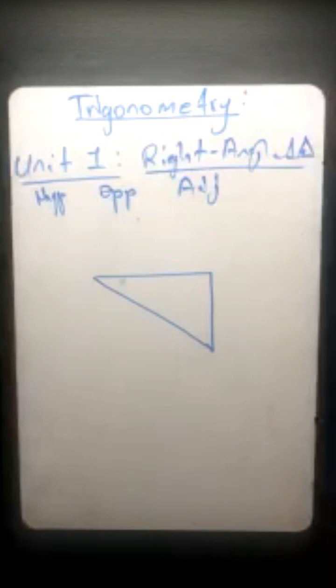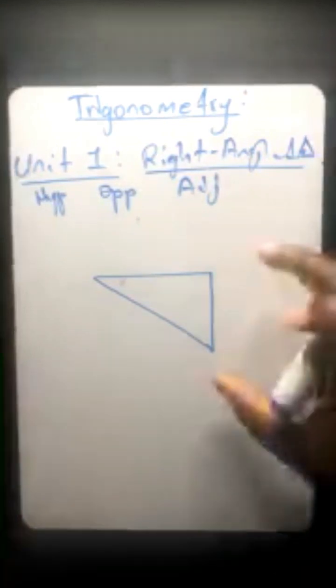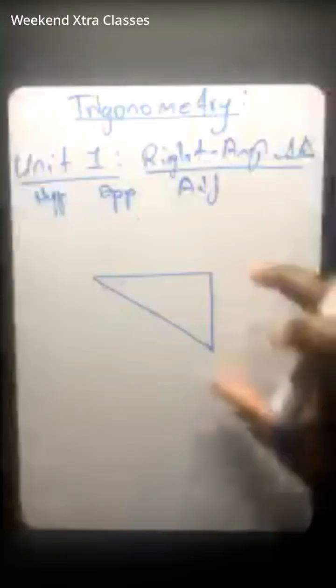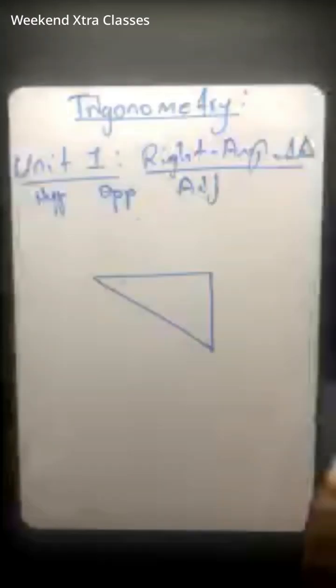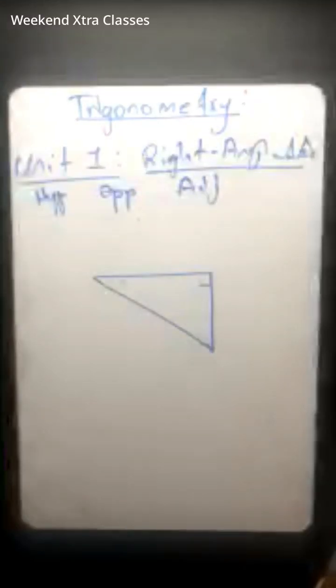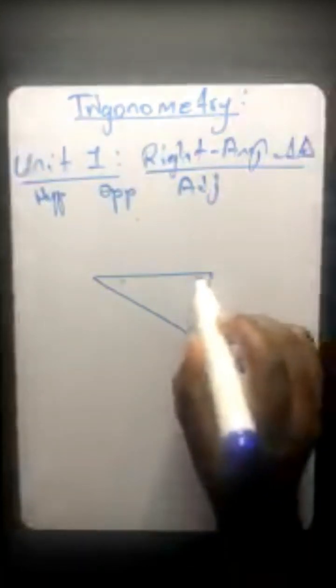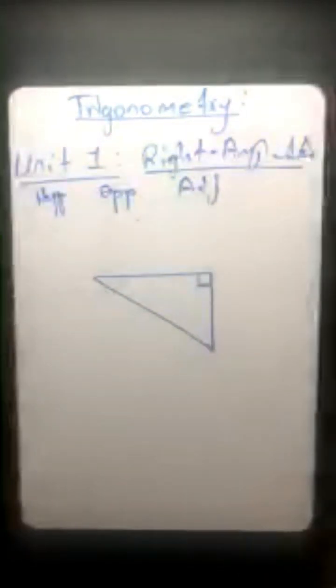Yes, it does, but because we did not tell you that it is a right-angled triangle, it is not. It's only a right-angled triangle the moment you see that sign, or if you were told in the statement that this is a right-angled triangle. Because of that sign, we are 100% sure it is a right-angled triangle.